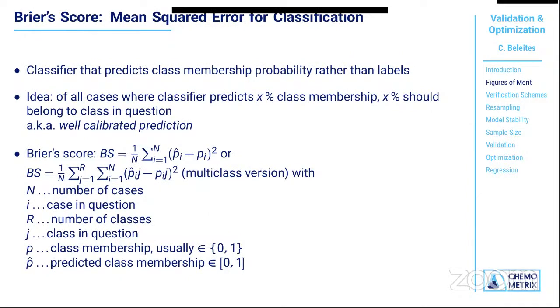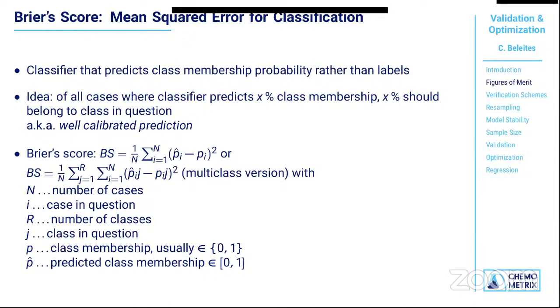Now, I introduced the mean squared error at this point because there's the Brier score, and the Brier score is the mean squared error applied to classification. So what we take here is a classifier that doesn't output labels A, B, C, but instead has as output the probability of the case belonging to class A. And this is in the interval of 0 to 1.